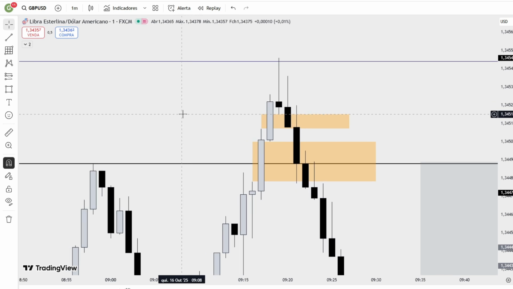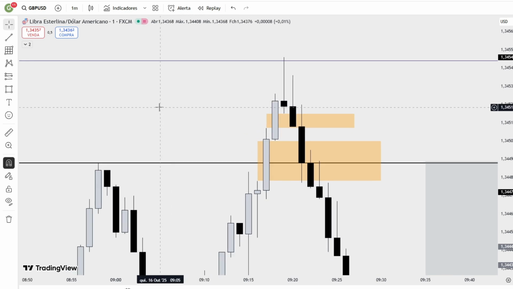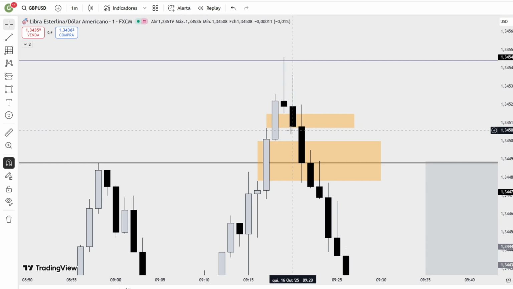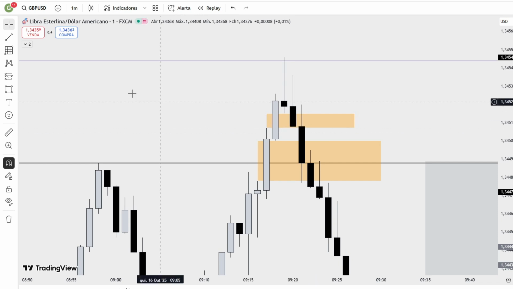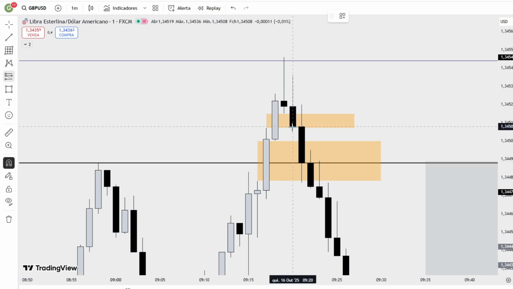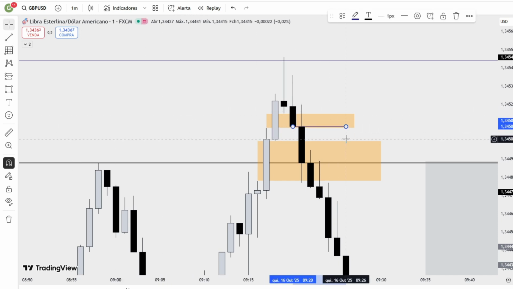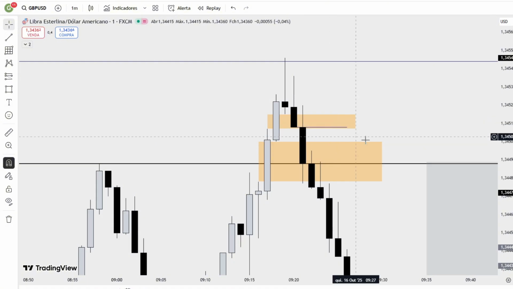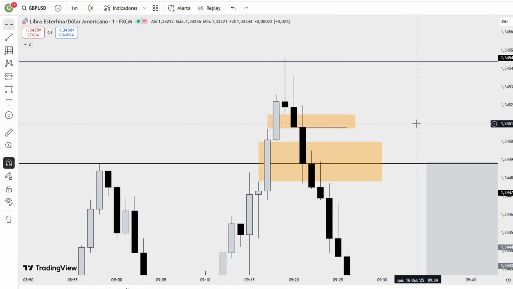What can you do in this case? What I prefer to do is, when the candle closes below the IFG, the candle closes here, I take my position. The candle didn't exactly close below, but what I can do here is trace a line.